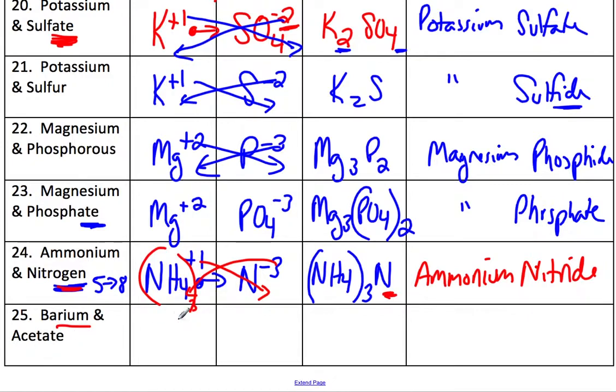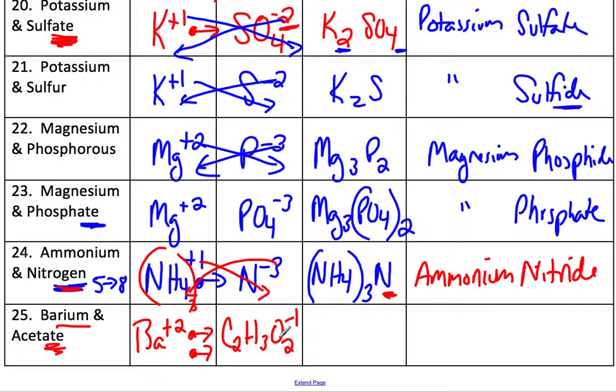Now barium's hooking up with acetate. So barium's +2 because it's in group 2. And acetate is one of those you don't have to memorize, but you do have to look it up. It ends in ate, so right away it tells you that it's a polyatomic ion. There's some oxygen bonded to it. And overall, this group here, in order to stay together, needs 1 extra electron. But barium's saying, hey, take my 2.